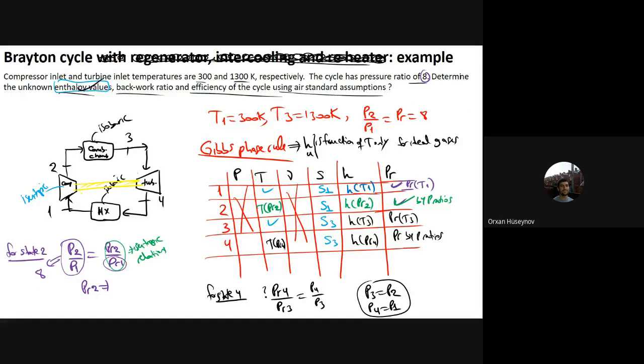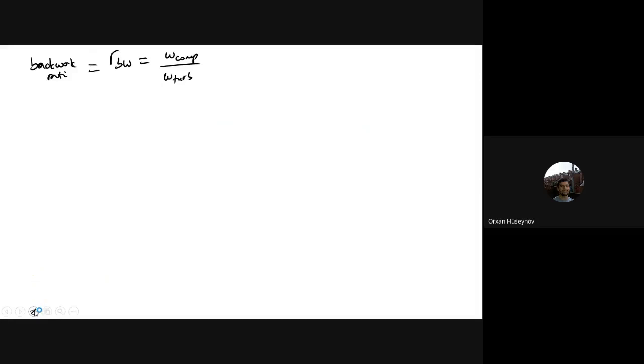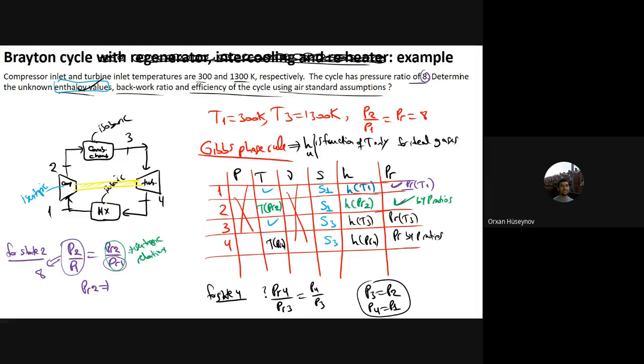Okay, now let's find the compressor work here. Who can say what the compressor work is by using the first law?